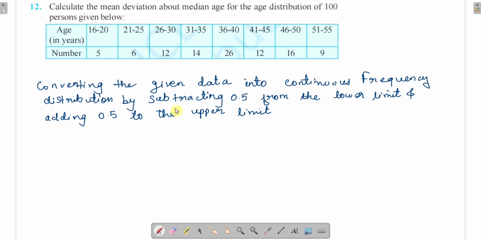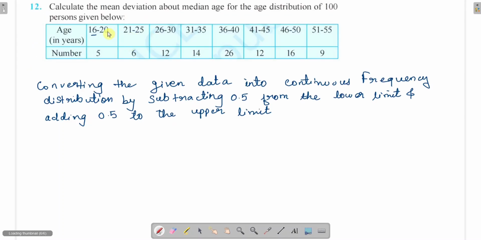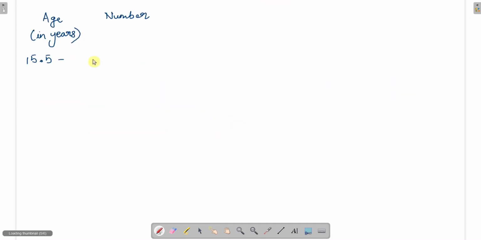So we have to subtract 0.5 from the lower limit, right? So 16 is the lower limit for the first class interval. So if you subtract 0.5 from 16, you will get 15.5 up to, we have to add 0.5 to the upper limit. So you will get 20.5. Okay.